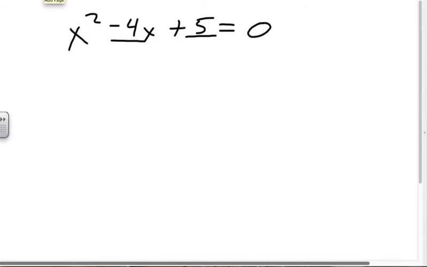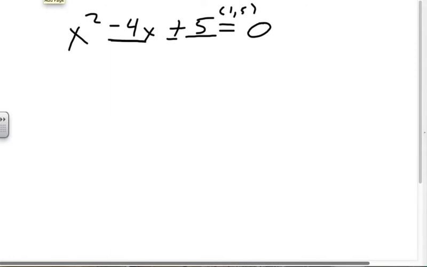Because this is plus, they're either going to have to both be positive or both be negative. And the only factors of 5 are 1 and 5. There's no way to take a positive 1 and a positive 5, or a negative 1 and a negative 5, and get this. This cannot be factored.